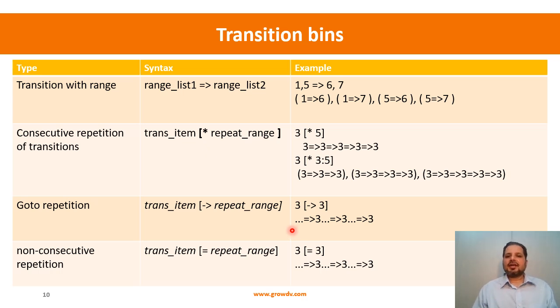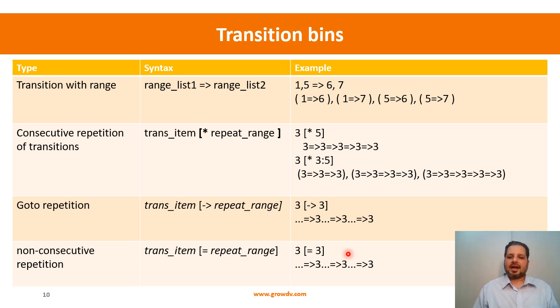Any values can occur in between when I sample multiple times. It will look for a value 3, then any other samples can occur, and then it will look for 3 again, then any other value sampling and a 3. So this way it will look for 3 occurrences in a non-consecutive way.